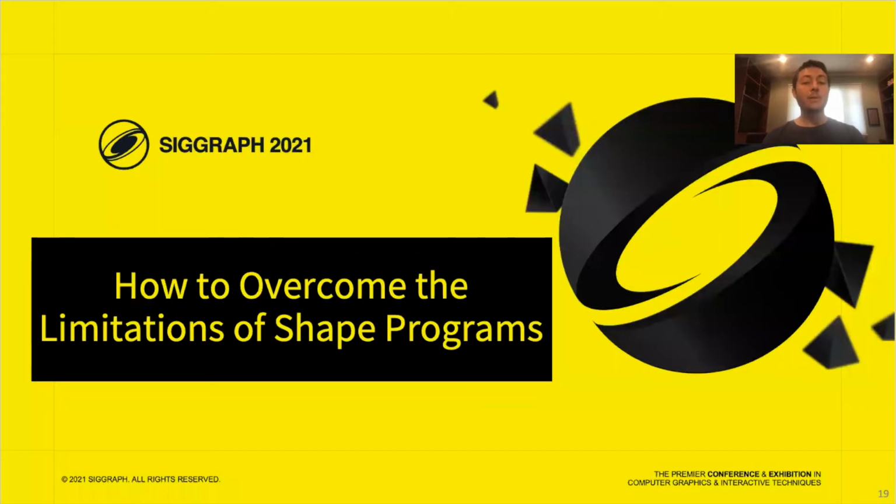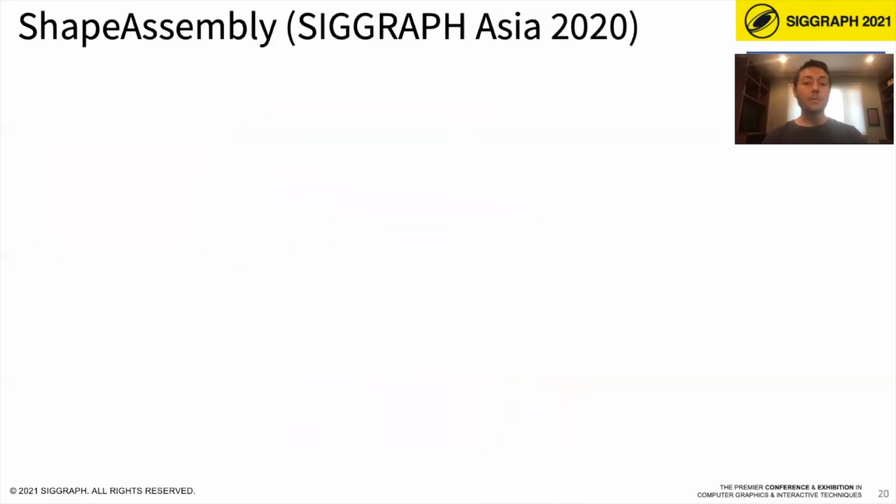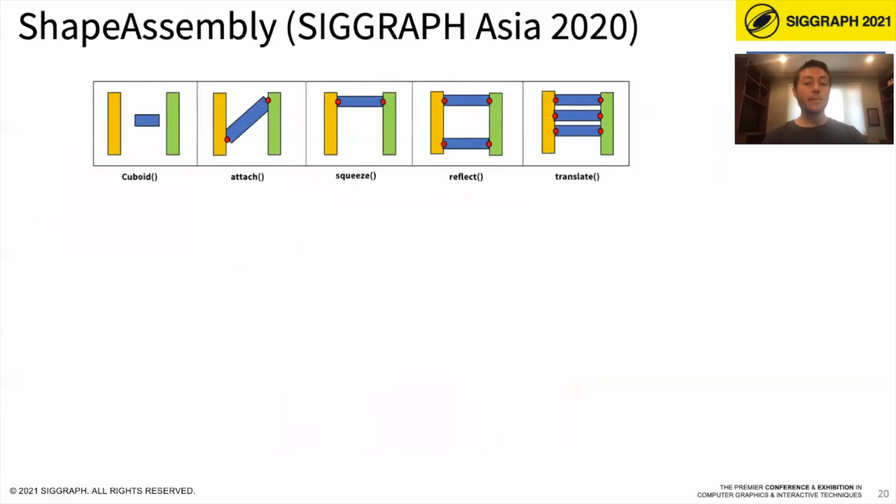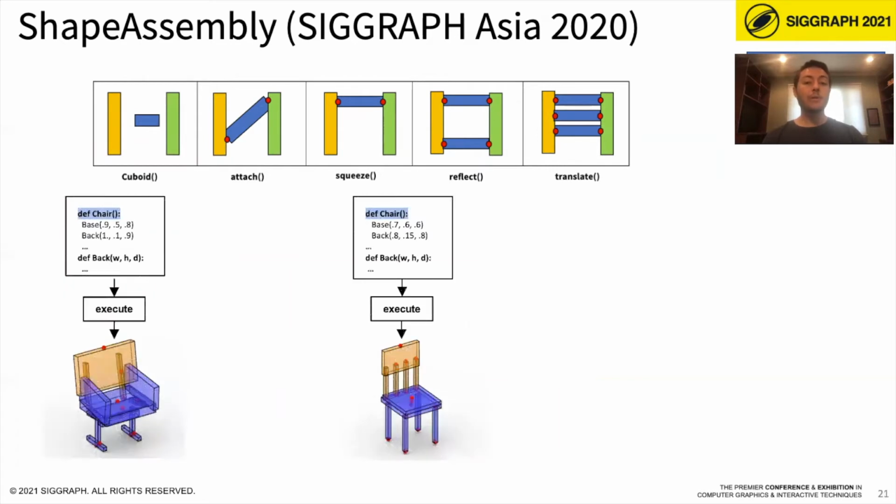Recent works have begun to investigate approaches that mitigate the limitations of the shape program representation by, for instance, learning to automatically generate programs of 3D data. At SIGGRAPH Asia, we presented the ShapeAssembly language and method. ShapeAssembly's domain-specific language, or DSL, represents 3D shapes by defining parts abstracted with bounding cuboids and attaching parts to one another in order to form complex 3D shape structures.